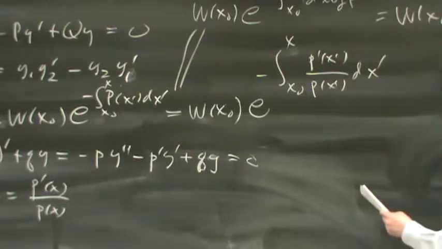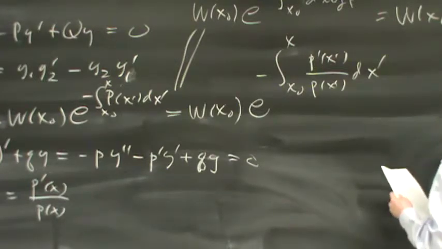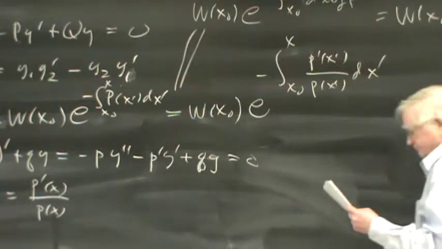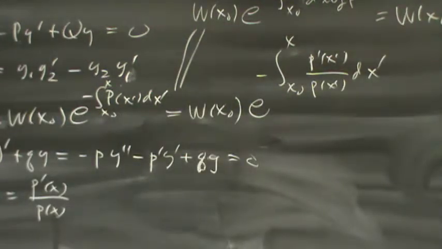And so that is W of x0 p of x0 over p of x. Okay, so what that means is that, see, that's one of the advantages of writing things in self-adjoint form.